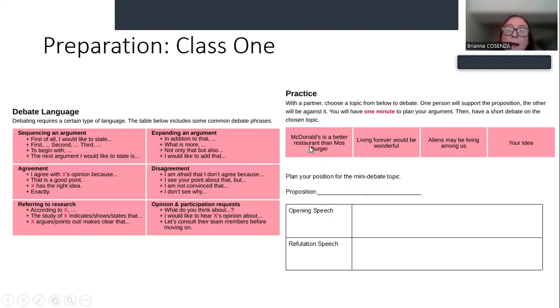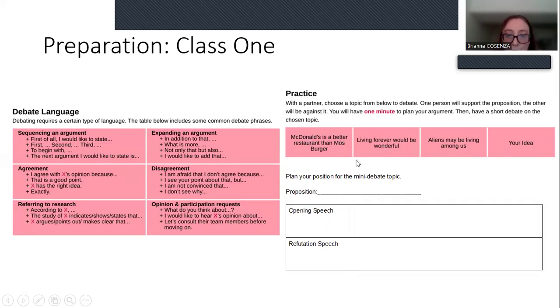They choose one of these topics. They can also think of their own idea. And I have them play rock, paper, scissors, and then the winner will agree, the loser will disagree. So, for example, McDonald's is a better restaurant than Moss Burger. Again, I keep it simple to ease them in.